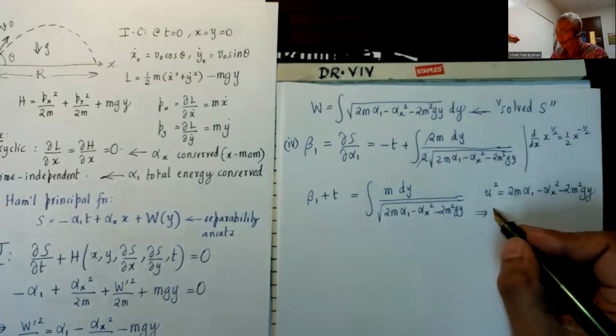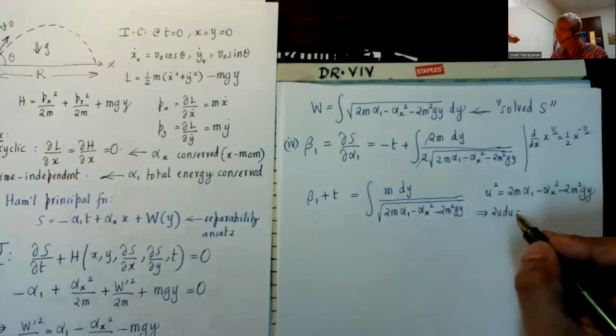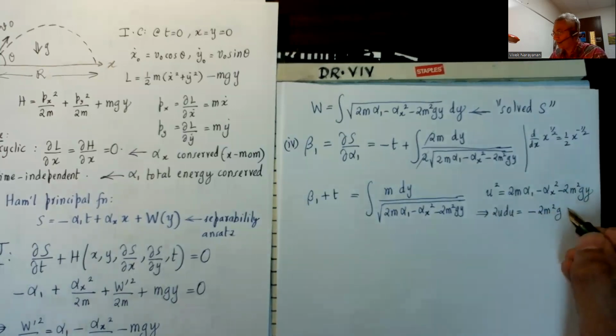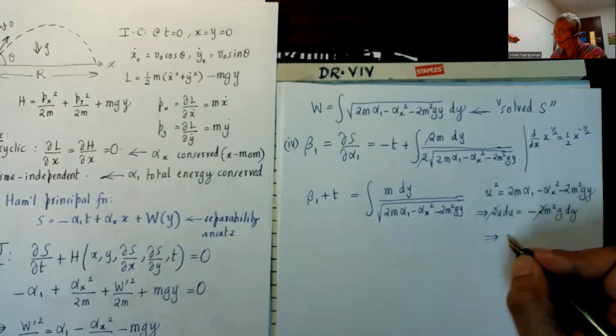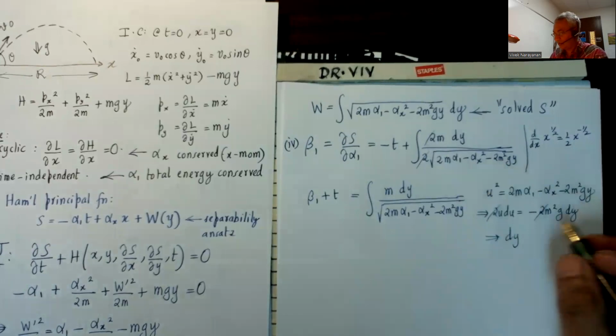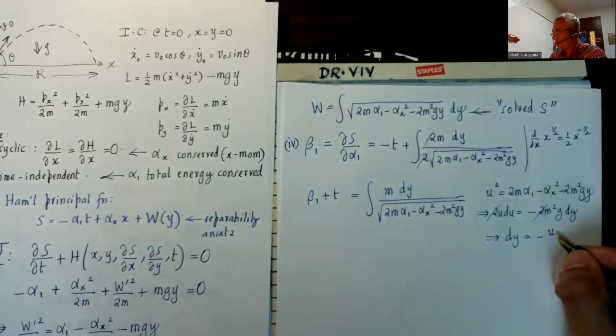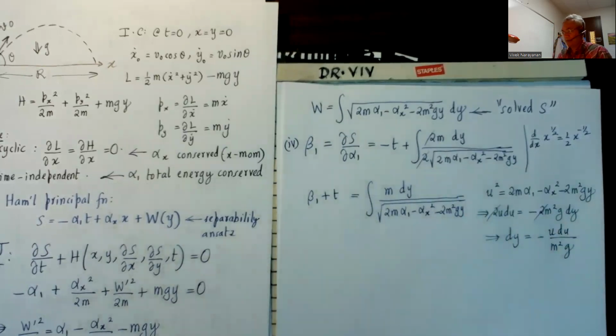Because if you do that, then 2u du will be equal to negative 2m squared g dy. The 2 cancels out, and I get dy, which is what I have to eliminate here, is minus u du over m squared g. So let's continue integrating.